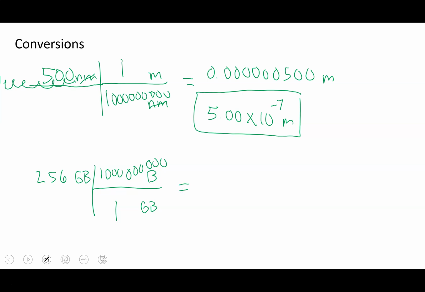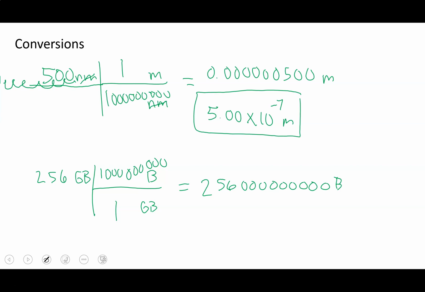Now again, from the math point of view, we're just multiplying by something that has a lot of zeros, so it's just shifting our decimal. It ends up being 256, and we shift that decimal 9 zeros: 1, 2, 3, 4, 5, 6, 7, 8, 9. There's our bytes.